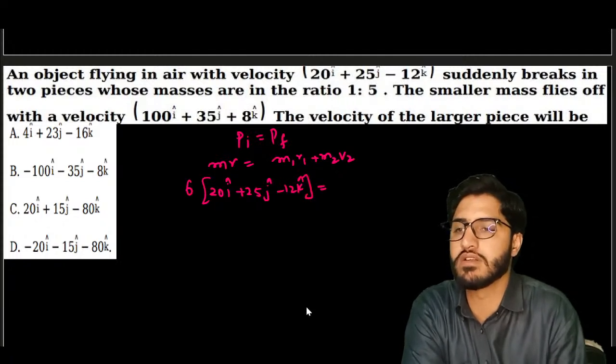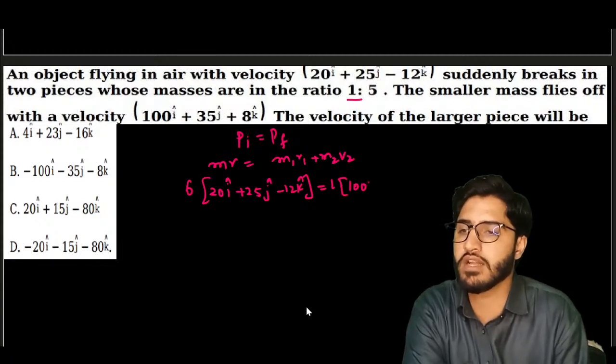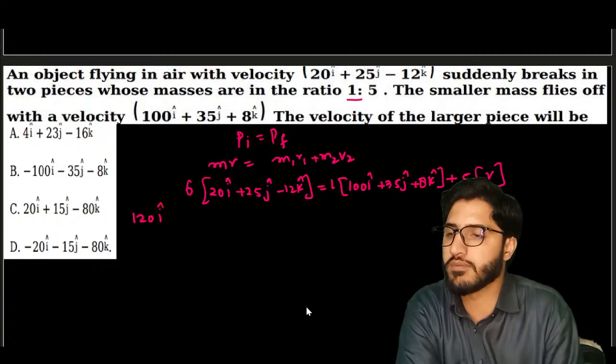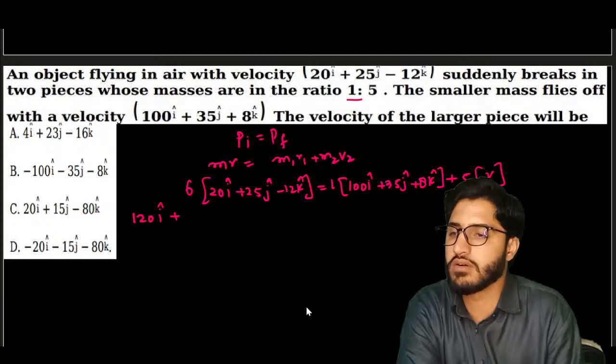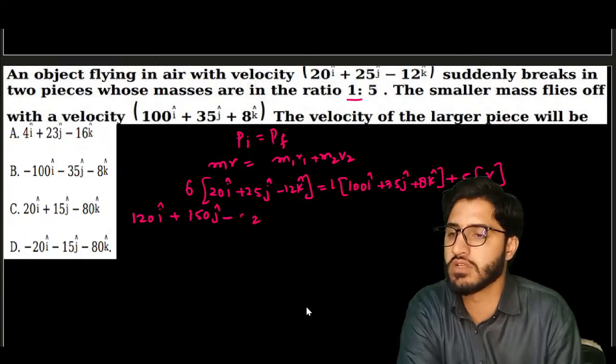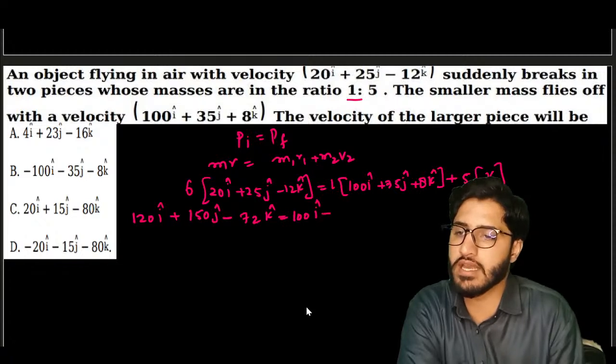So 6 times that equals m1, which is 1, times the velocity of the smaller piece, which is 100 i cap plus 35 j cap plus 8 k cap, plus m2, which is 5, times v. So it is 120 i cap plus 150 j cap minus 72 k cap equals 100 i cap plus 35 j cap plus 8 k cap plus 5 v.